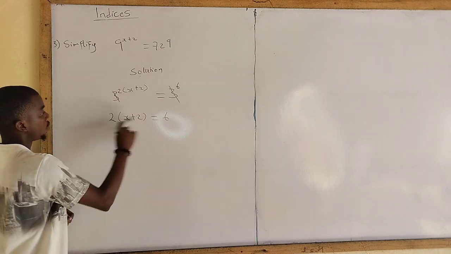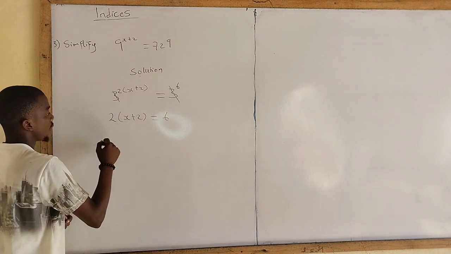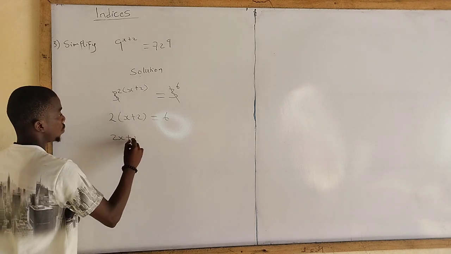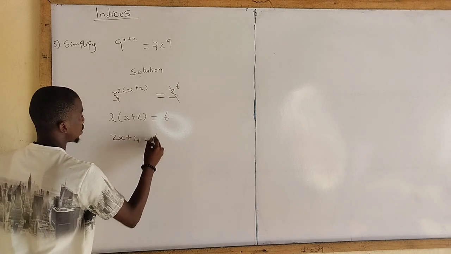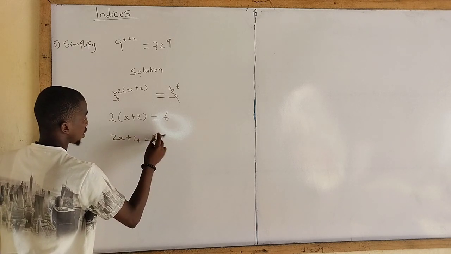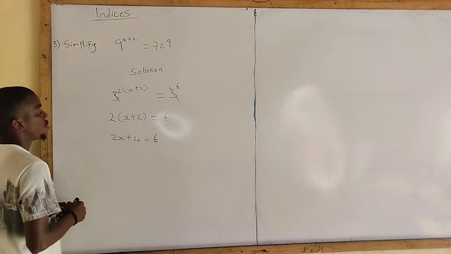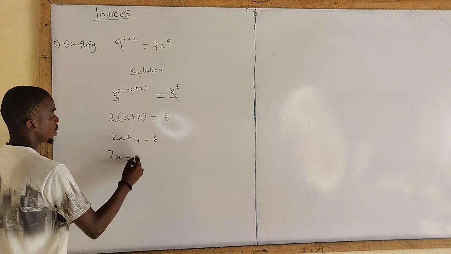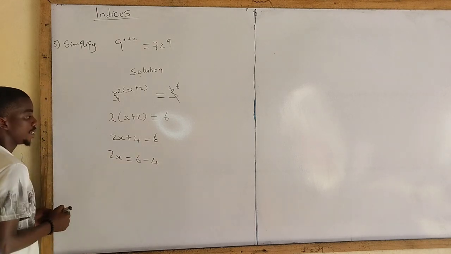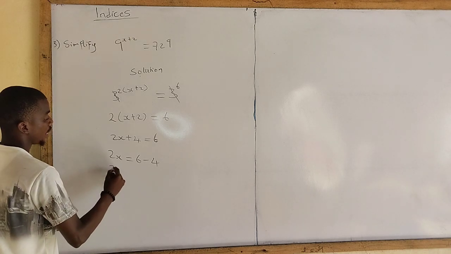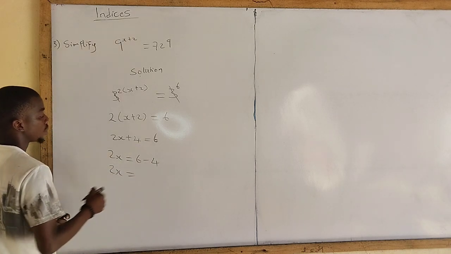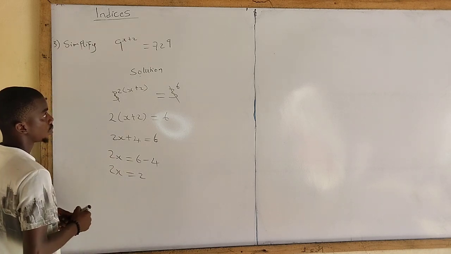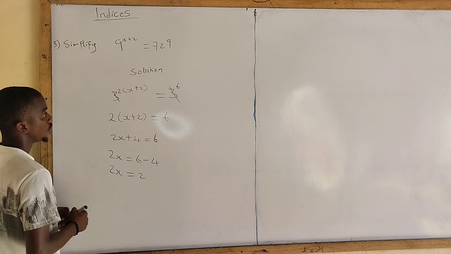So we open the bracket. 2 times x is 2x, 2 times plus 2 is plus 4, which is equal to 6. Then we collect like terms: we have 2x equal to 6 minus 4. 6 minus 4 is 2.